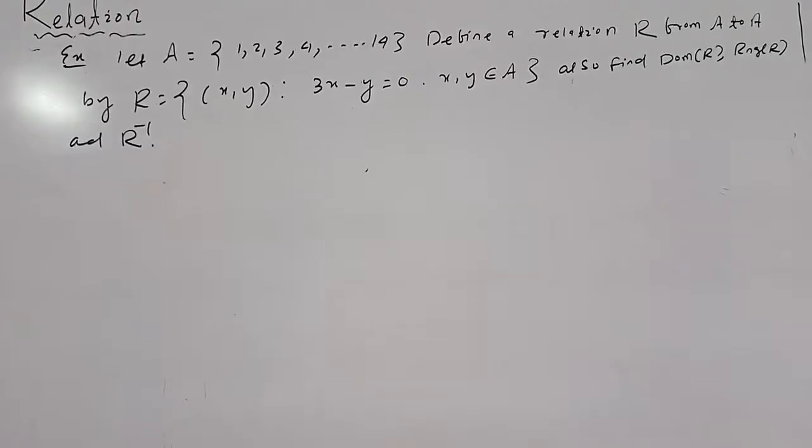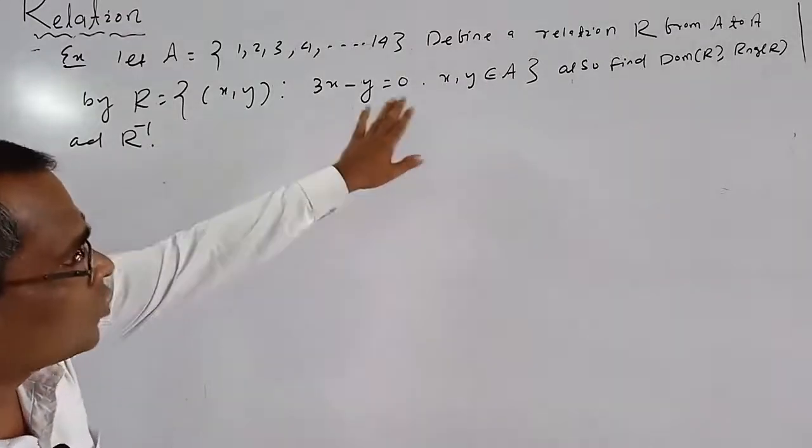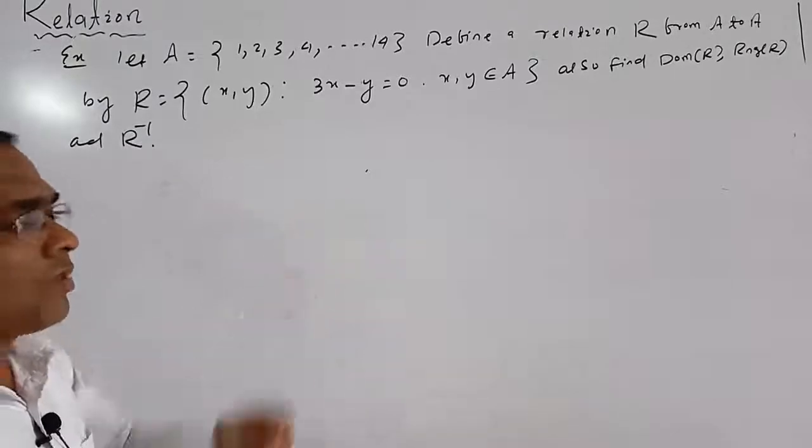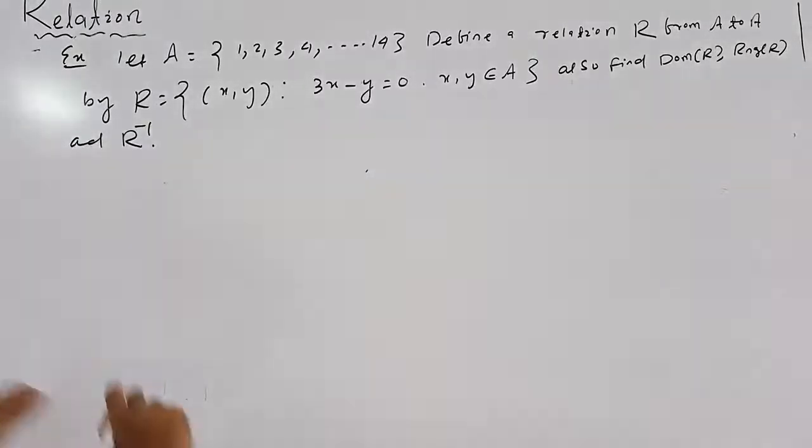Let A be equal to 1, 2, 3, 4, 5, 6, 7 up to 14. Okay, define a relation capital R from A to A. Here R is a relation from A to A, meaning R must be a subset of A cross A, defined by R equal to the set of ordered pairs (x, y) so that 3x minus y is equal to 0, so y is equal to 3x, where x belongs to A and y belongs to A. Also find domain, range and inverse relation.